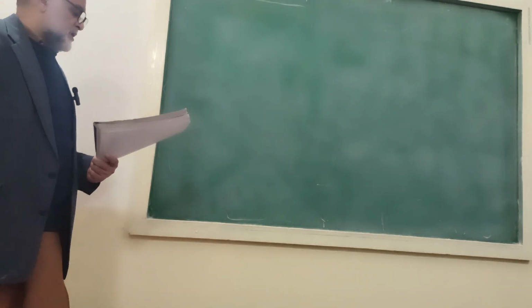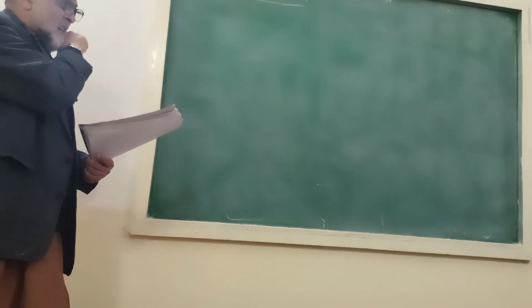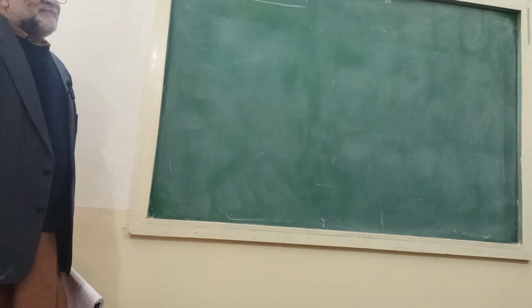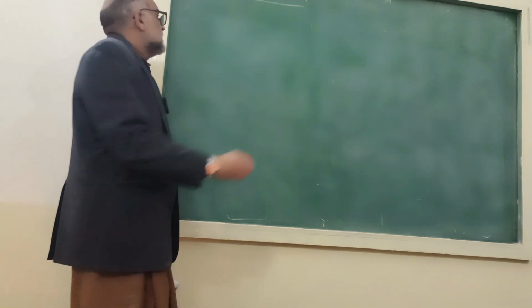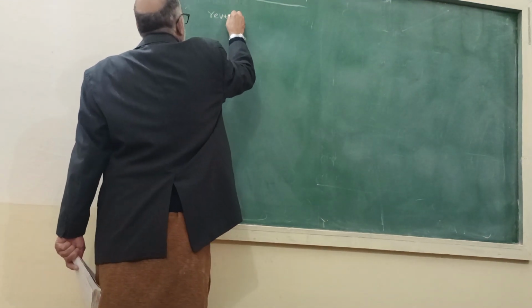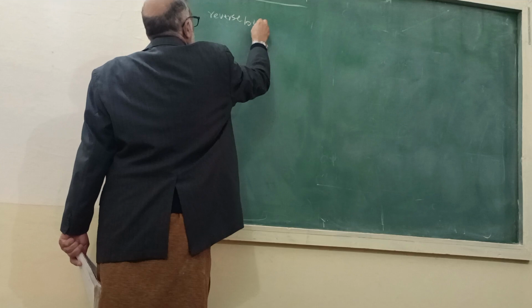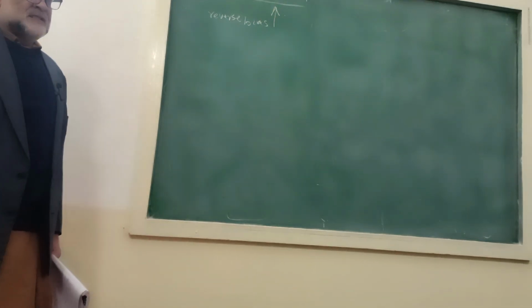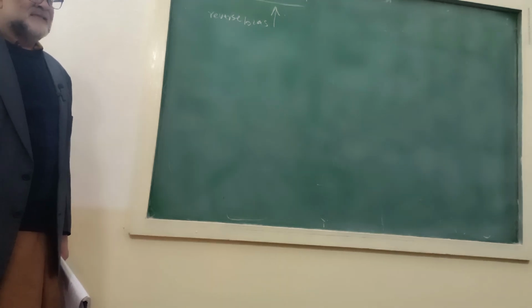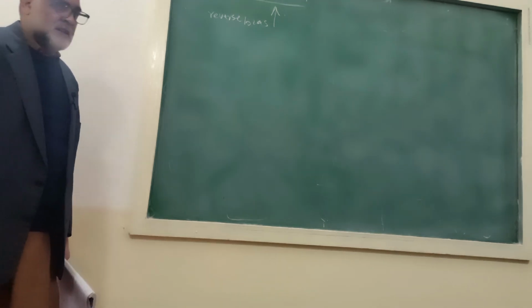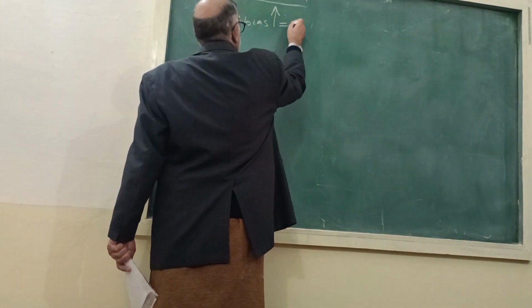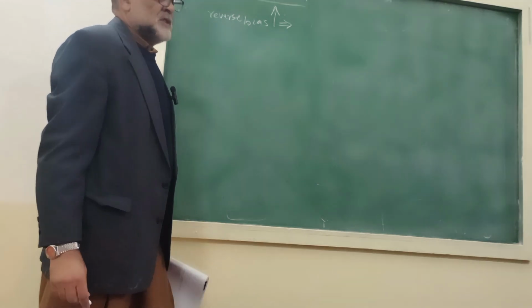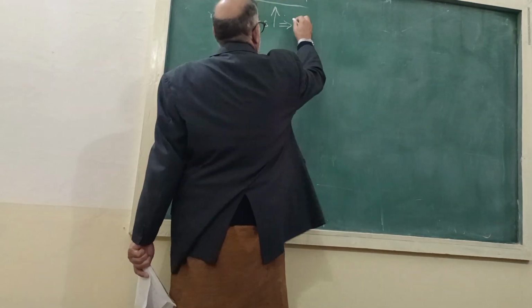The junction breakdown, right? When you rapidly increase the reverse bias beyond a certain limit, this will give you a very high current.